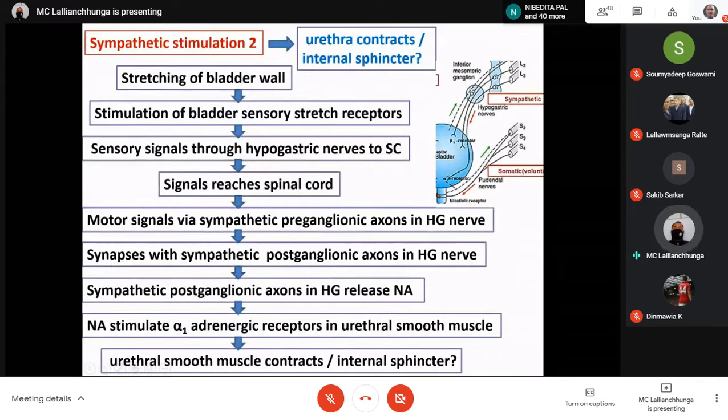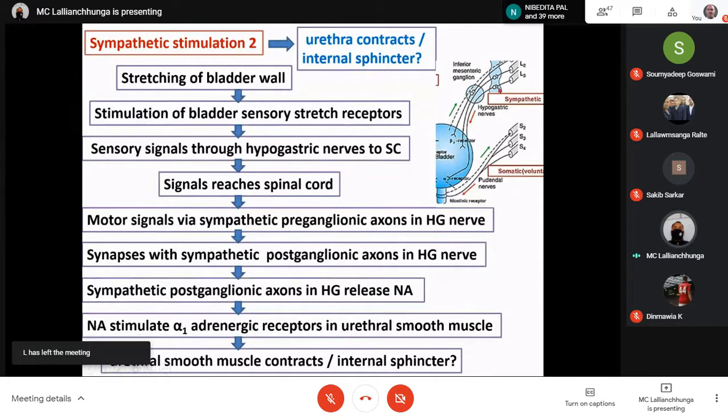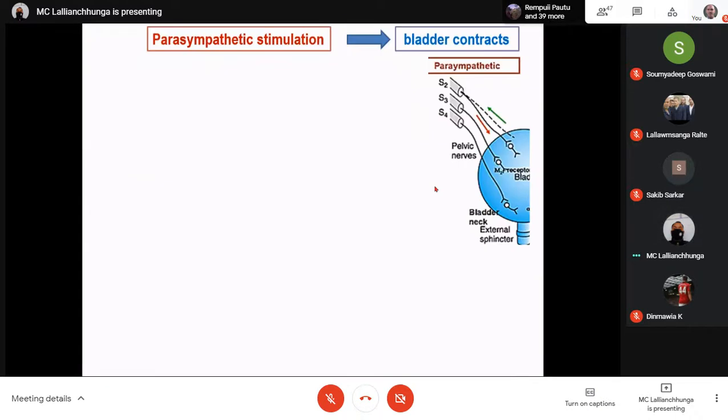The first action of sympathetic stimulation was relaxation of the bladder. The second effect of sympathetic stimulation is that it can also contract the urethral smooth muscle, or the internal urethral sphincter. So it is opposite: relaxation of the bladder, but contraction of the urethral muscle.